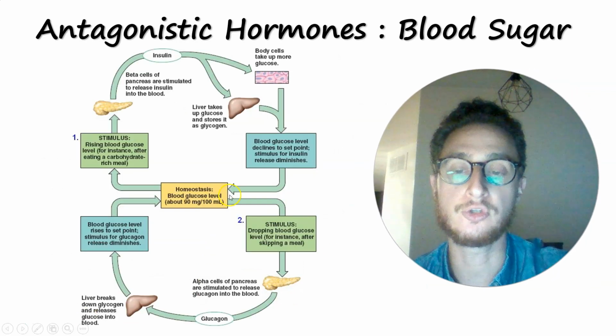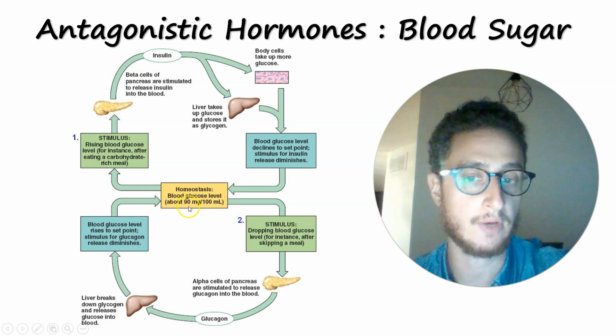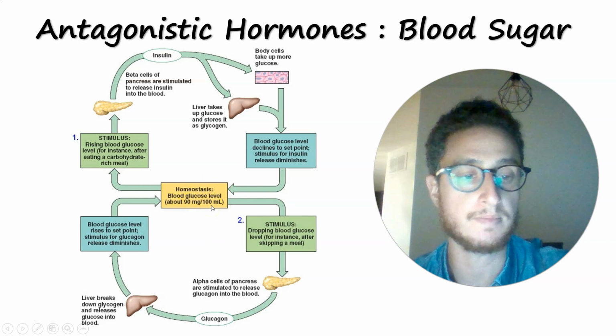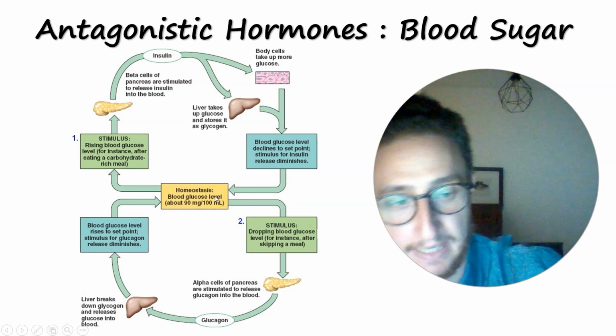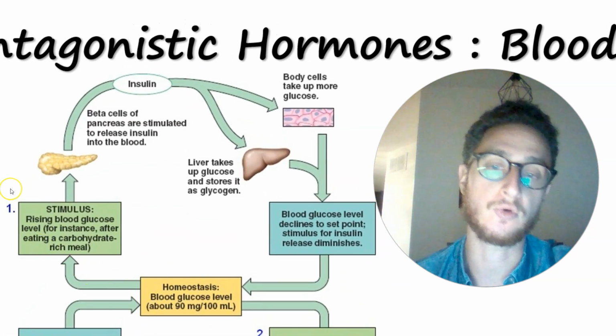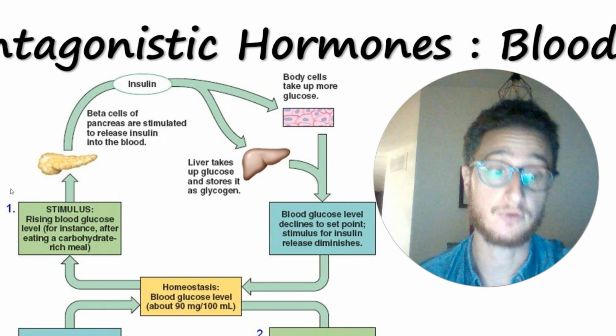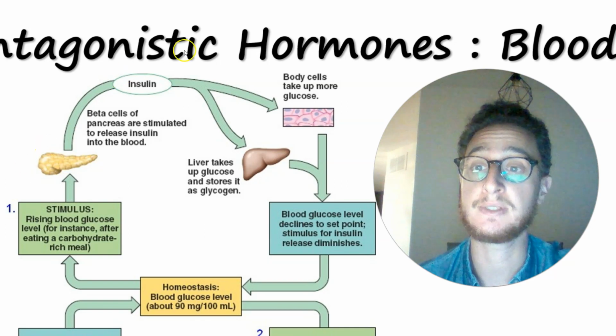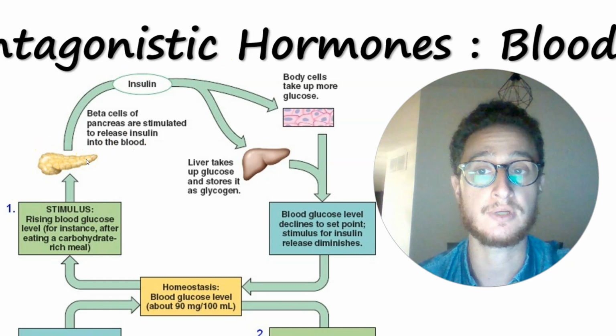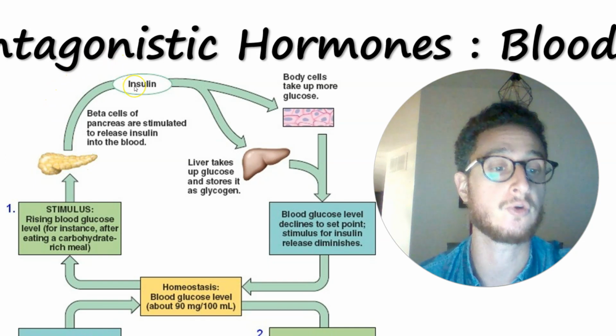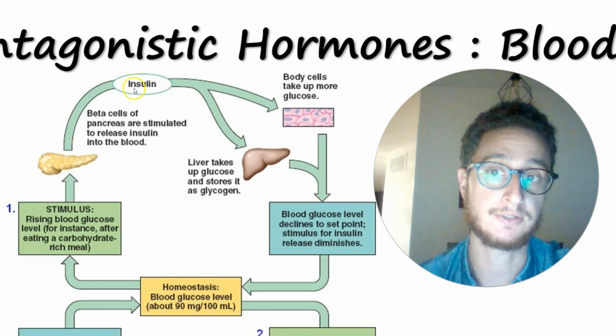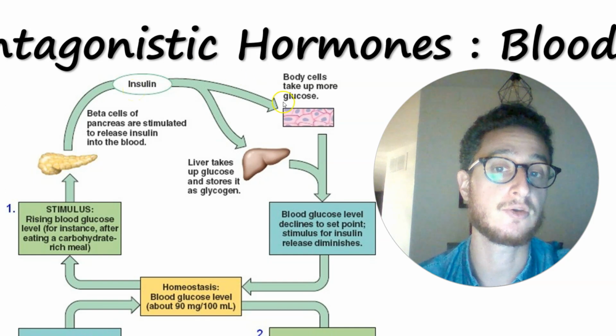So your blood glucose levels should always be around 90 milligrams per 100 mils of blood. If you eat a meal, that number, of course, is going to go up. Increased levels of blood sugar are going to be detected by the beta cells of your pancreas, which is going to tell it to produce the hormone insulin. The targets for insulin are your body cells.